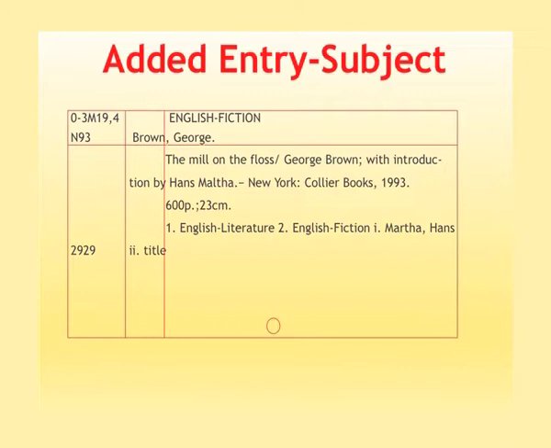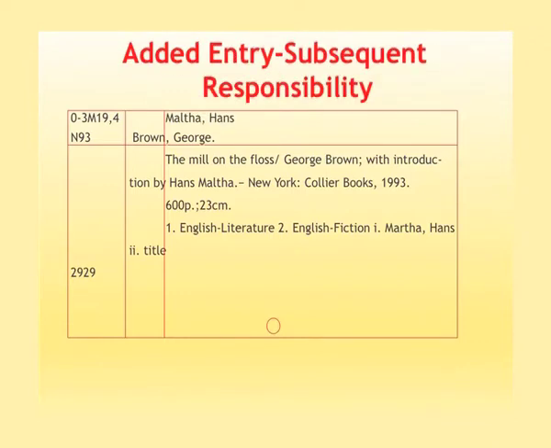Only part is that the pseudonym is being treated here with reference entry. So, if you see that the added entry is here, subject added entry, since 2 subjects are there, so 2 cards are there for subject added entry. Then there is added entry for subsequent responsibility, which is introducer of the book.